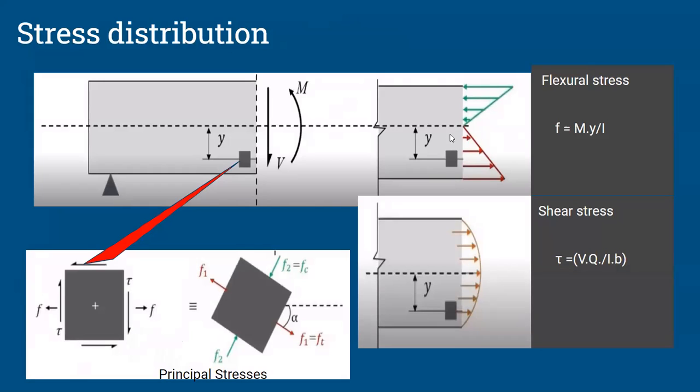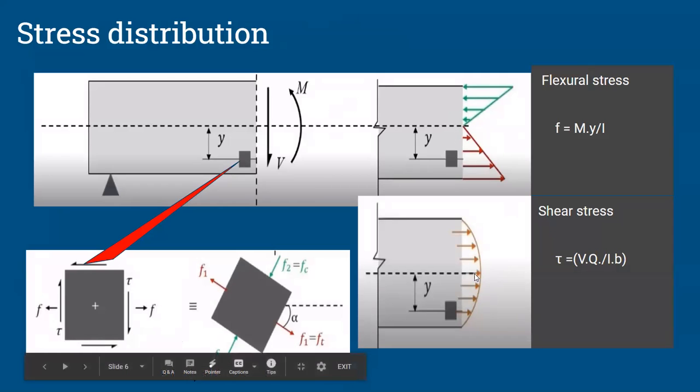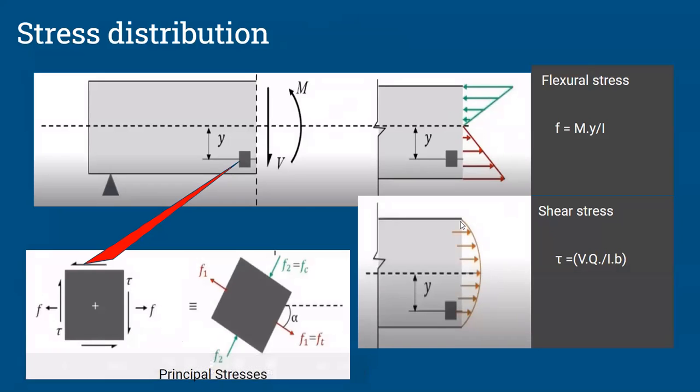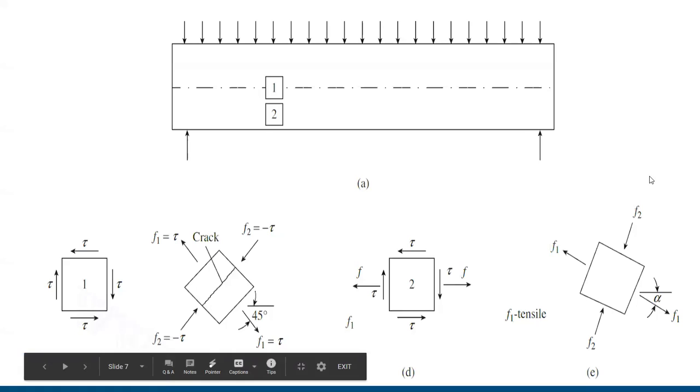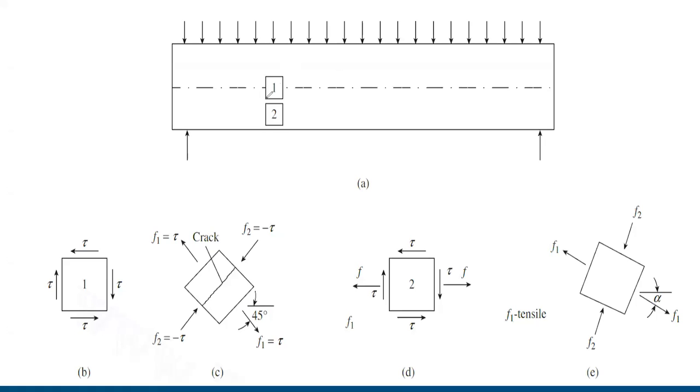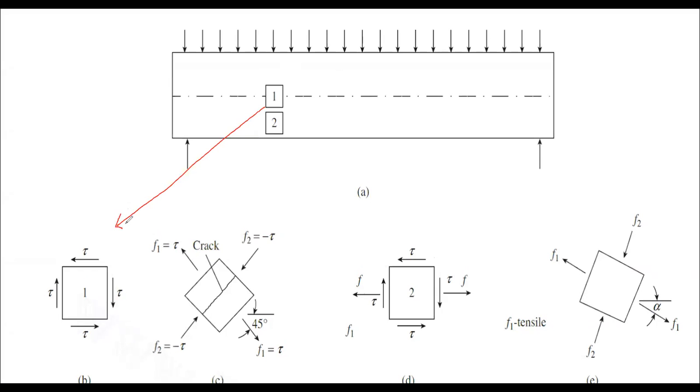If you remember, here the bending stresses will be zero, but shear stresses will not be zero. Shear stresses will be maximum. Shear stress is minimum, zero, in the extreme fiber. Okay, so that means what I am saying, this one will be in a pure shear stress.